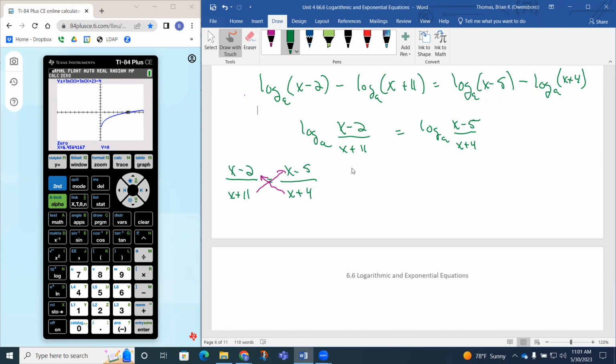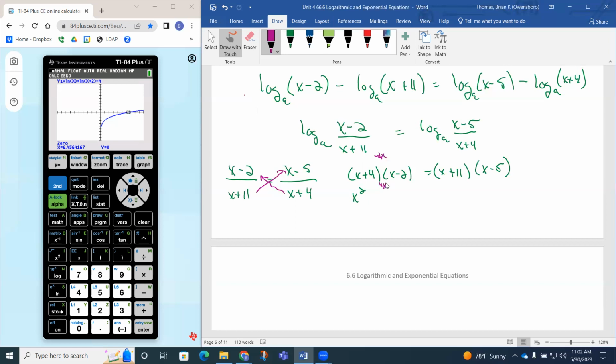So we now have this x plus 4 times this x minus 2. That has to equal this x plus 11 times this x minus 5. So if we multiply this all out, this is going to give us this x squared. And then we're going to have a negative 2x and a positive 4x.